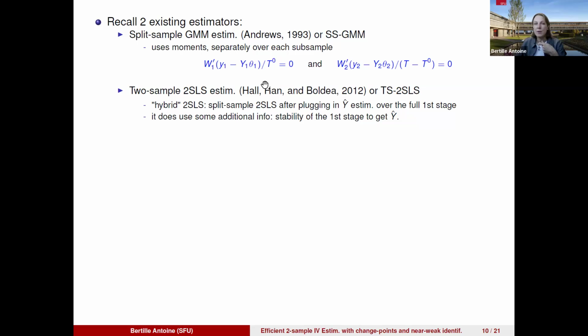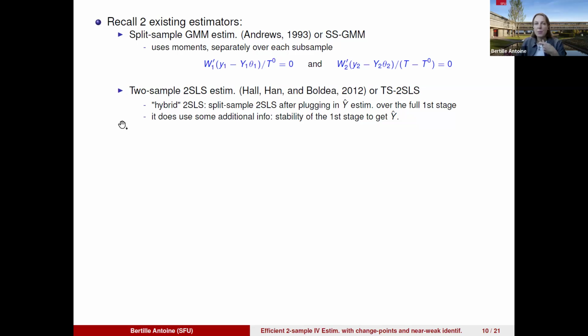You can provide your theta 1 hat, which is basically a simple GMM when you focus only on the pre-break subsample. Then you can do exactly the same thing on the post-break subsample, and you will have your theta 2 hat as a normal, quote-unquote, GMM estimator. So this is the split sample. Everything is completely separate between the two subsamples.